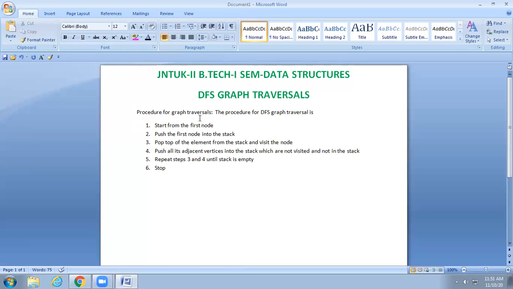Repeat these steps until the stack is empty. We continue this process until we visit all the nodes of a graph.